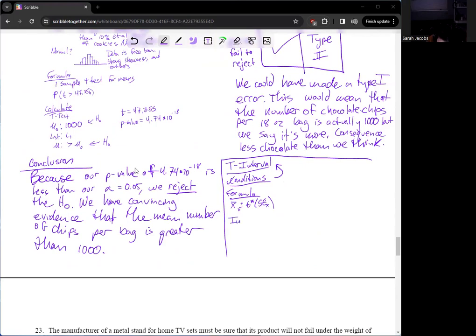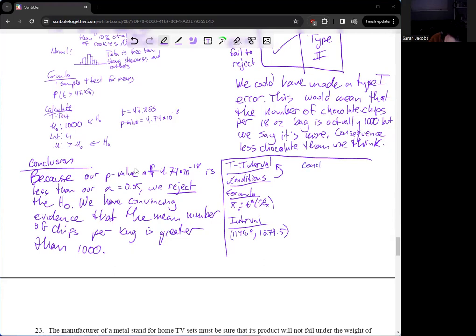And the interval we're going to get from our calculator. Stat, Tests, TInterval from our data. And we want a 90% confidence level, so make sure you change that. So our interval is 1196.9 to 1279.5.